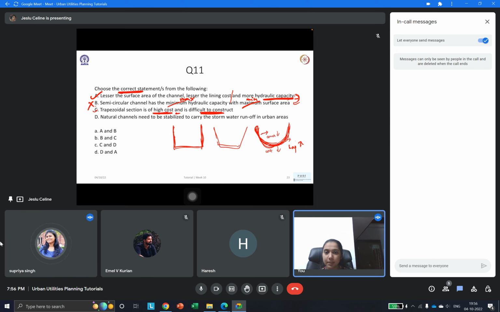Do they need to be stabilized? Firstly, what do we mean by stabilizing? No idea. So natural channels are natural formations. Before stormwater runoff can be carried in them as a stormwater drain or a sewerage, we need to stabilize them so that more erosion does not happen. Stabilization means you compact it and make it more stable.